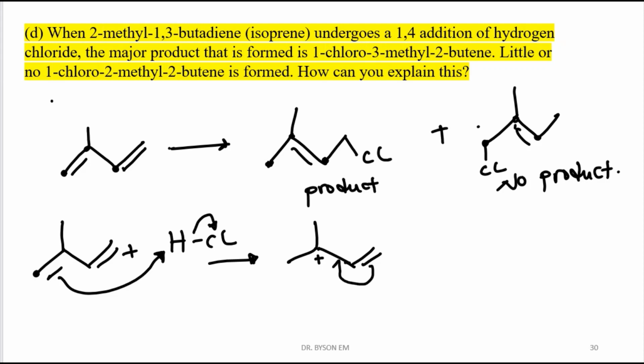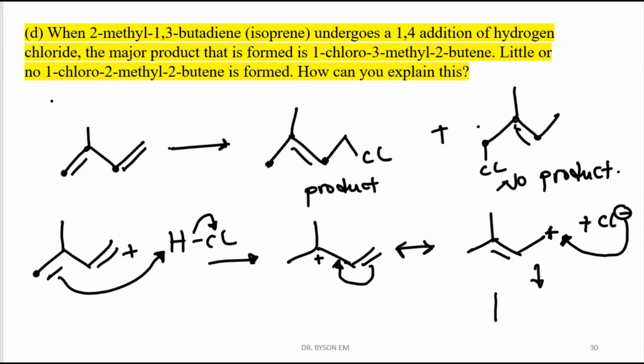It's going to come here. So the resonance for this will be this. Positive charge there. So the chlorine which left here would then come, which is negatively charged, get attracted to this positive charge, and then form this product, which is this product here.